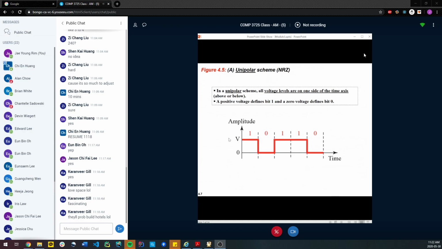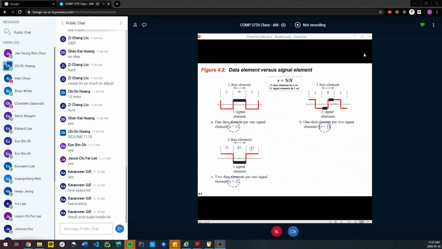Now, this is a non-return to 0 scheme, because it doesn't change in the middle of a bit boundary. The scheme you see here would be a return to 0 scheme, because it touches 0 in the middle of the bit.